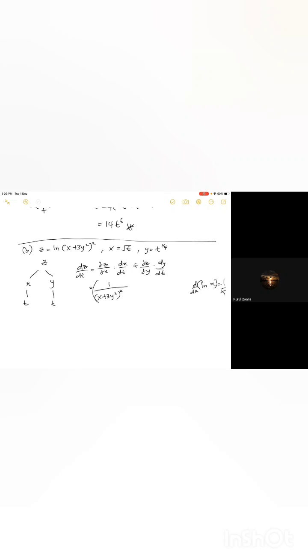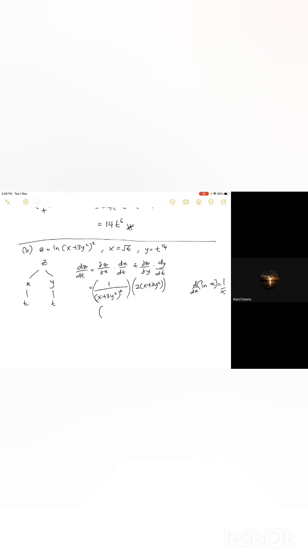And then you darab, you bezakan kuasa pula. Jangan beza dalam lagi. You beza kuasa dulu sebab you ada kuasa 2 kan. So beza kuasa you akan dapat 2 times x plus 3y squared. 2 minus 1, 1 lah. Okay, and then you darab lagi baru you bezakan dalam.